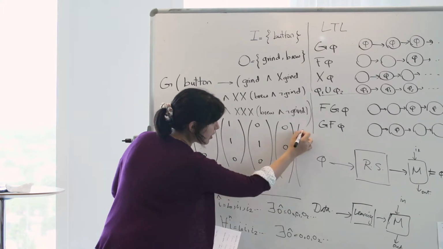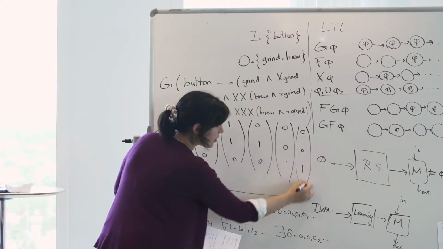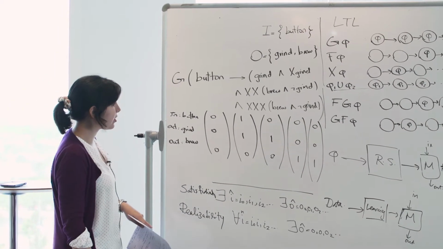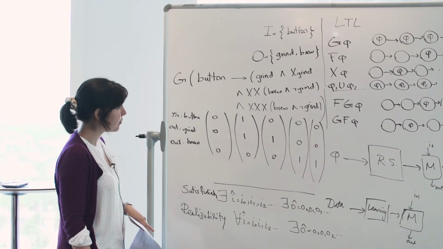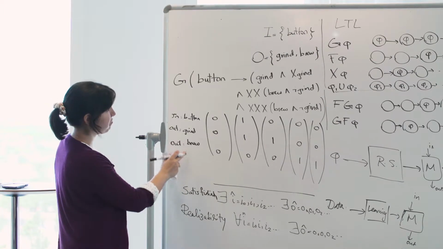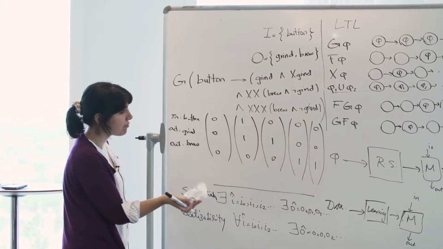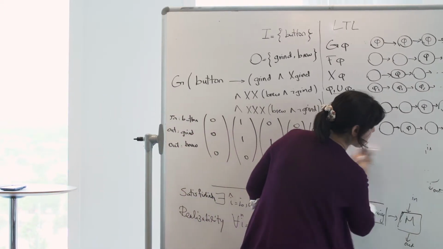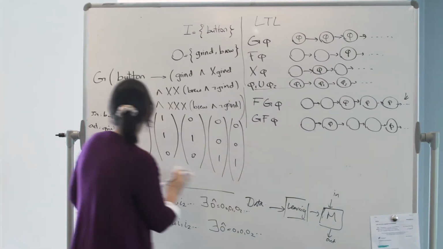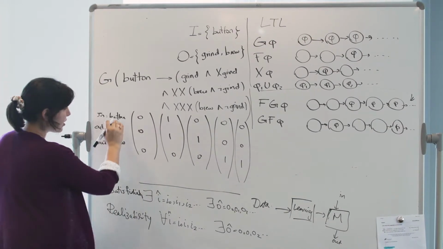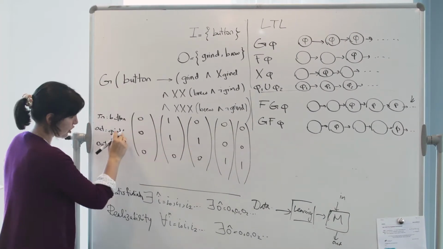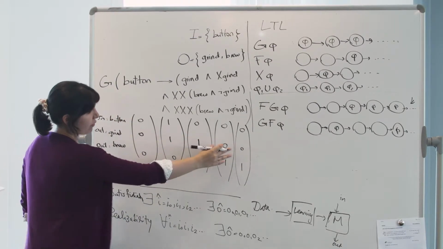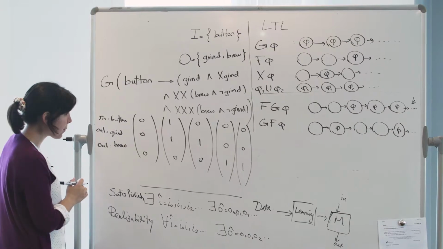And then for 2 steps, this goes to 0, 0. So is this sequence satisfiable? By satisfiable, I mean, does it satisfy this? It does. So I just came up with an input sequence for which there exists an output sequence, and the combination of the two satisfies my specification.